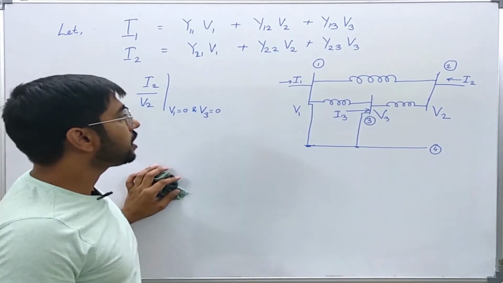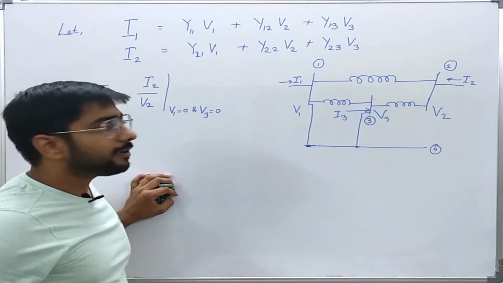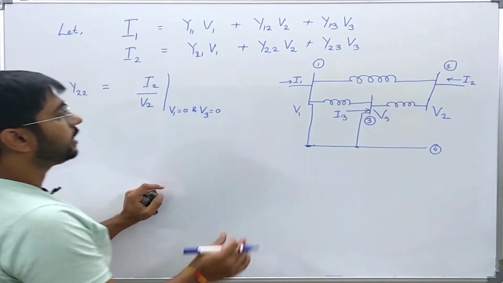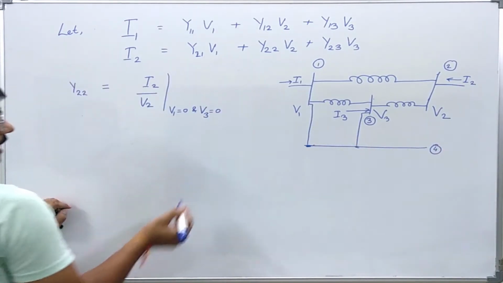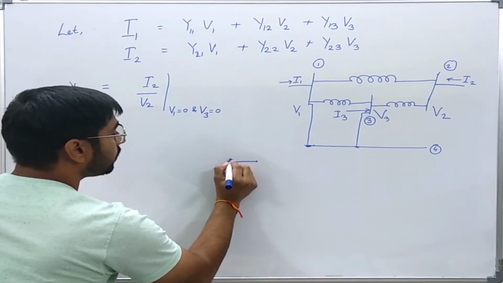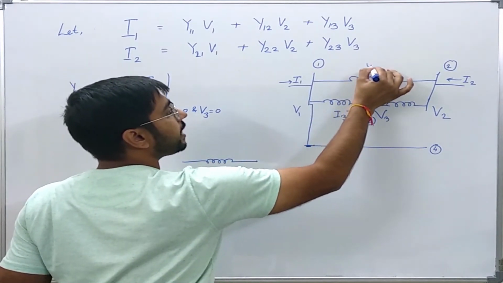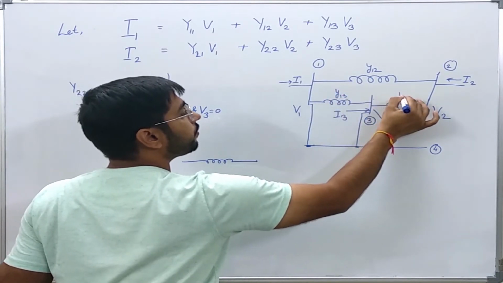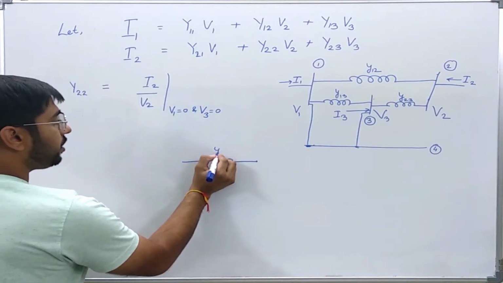Okay. Now, from the given power system, I can redraw this power system like this. Let us say this is Y12, Y13, Y23.